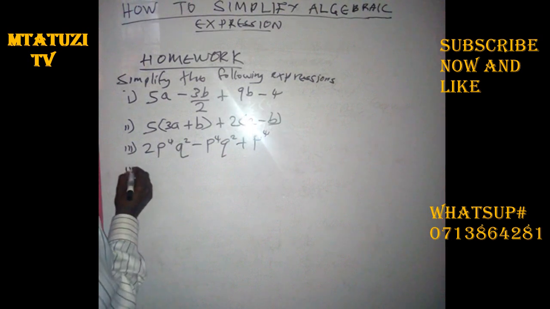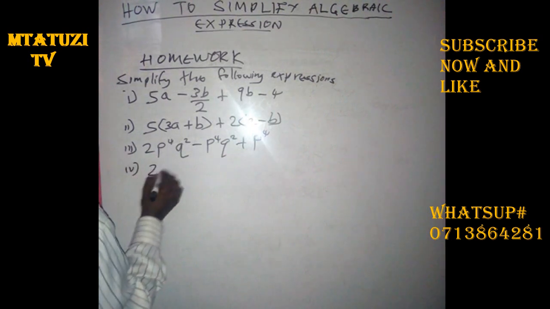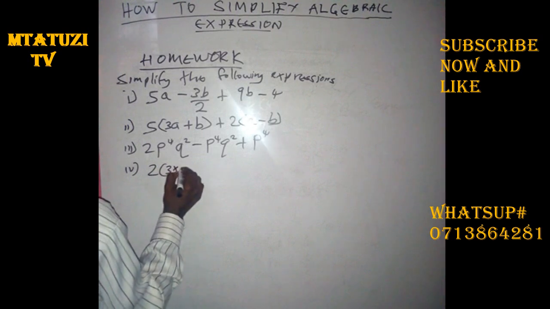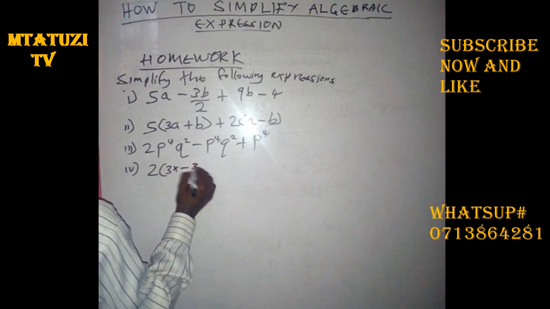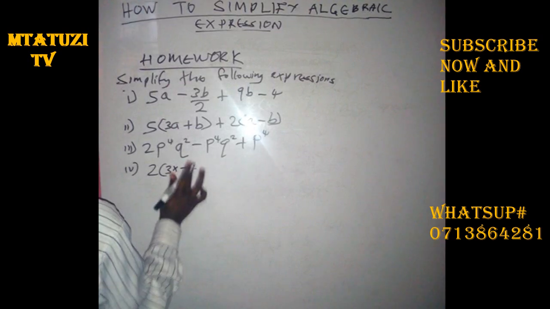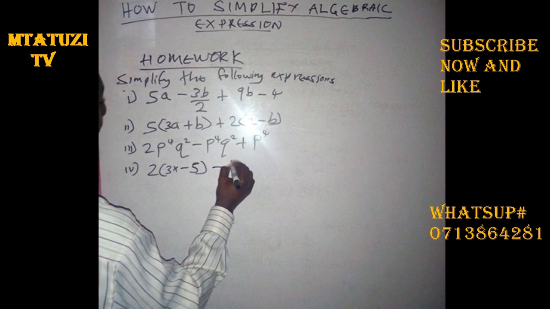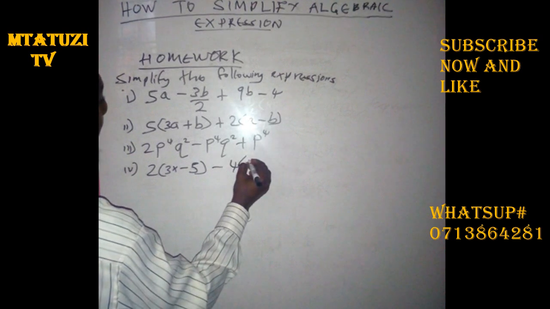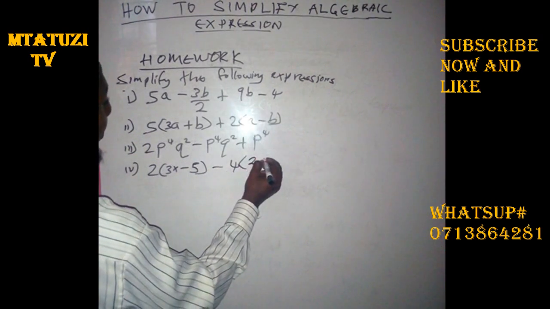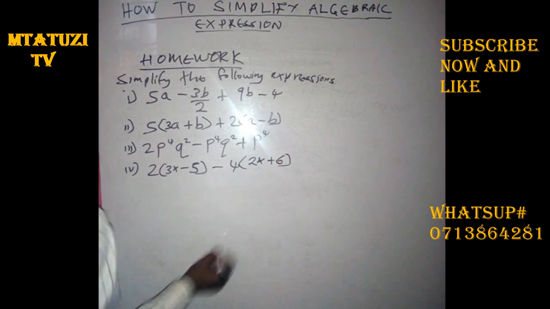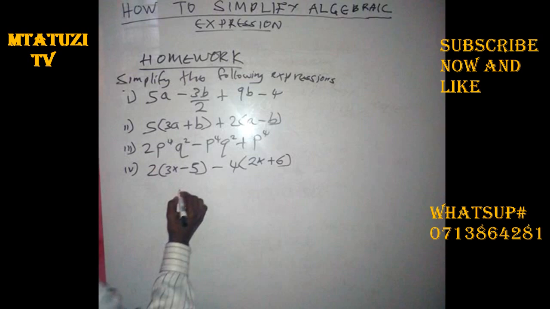The last one, number 4, we are given 2 in bracket 3x minus 5, minus 4 in bracket 2x plus 6. So simplify this algebraic expression.